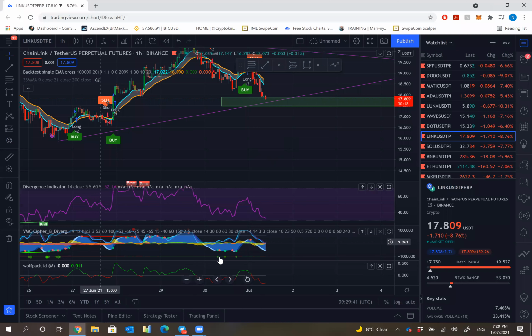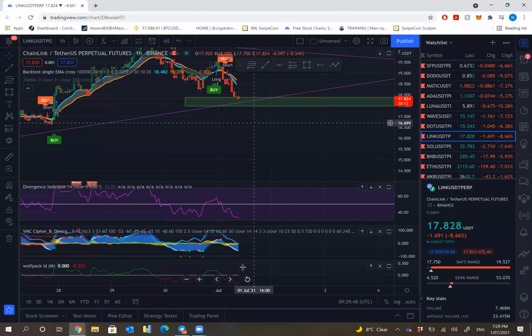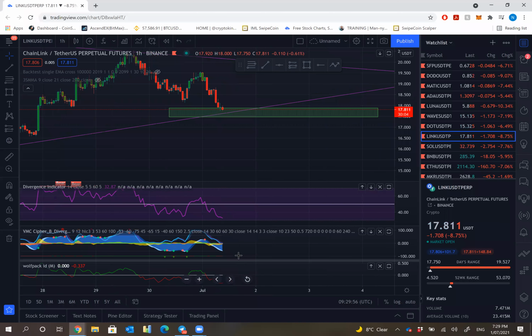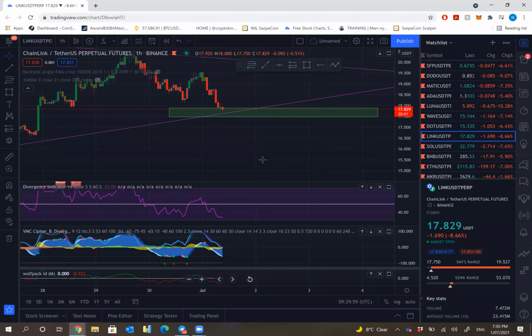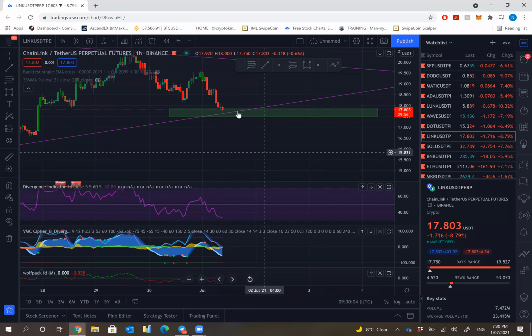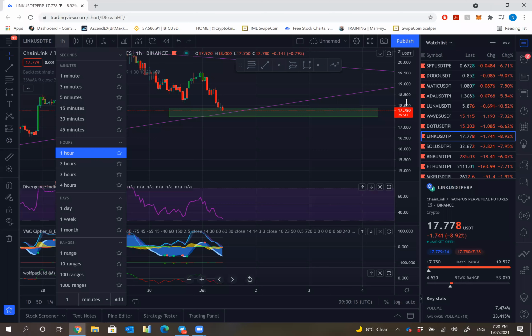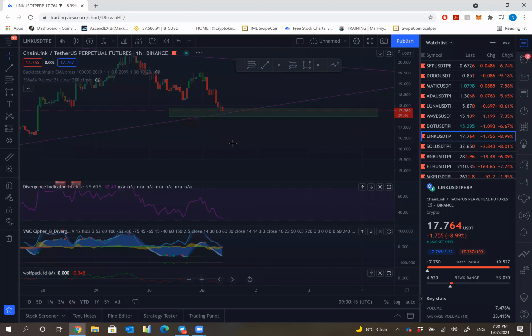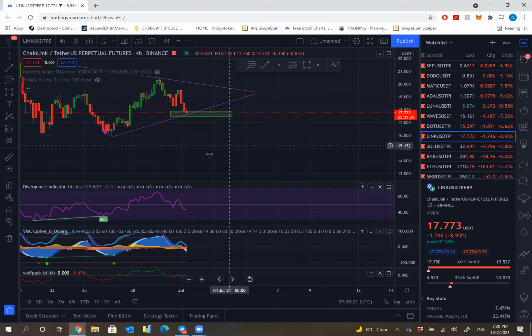The way you use this cipher is really good for finding divergence in a market. If I've got a trade here, I put it back to the 4 hours, because when you're trading on a 1 hour or 15-minute time frame, it's a much smaller time frame.